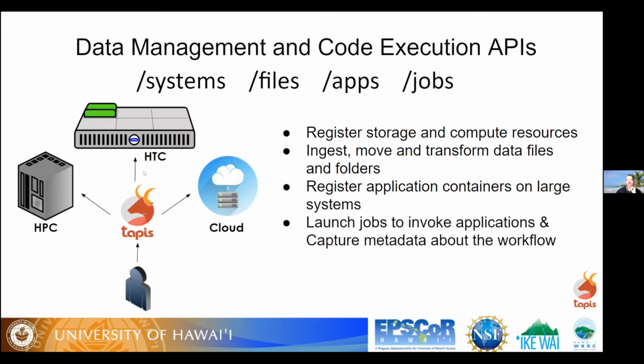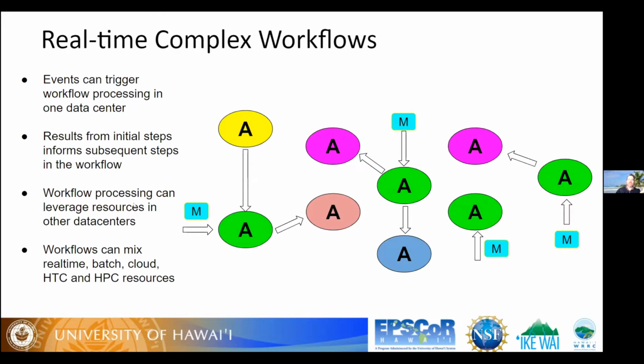That handles the workflows for you of having to stage that data, stage those software applications, talk to the scheduler, monitor the jobs, and then move everything back. There's also support for complex workflows, so having events trigger processes, and having some parts of workflows call other workflows. So there's support for all of this within Tapis.